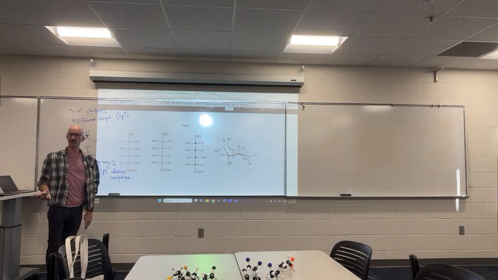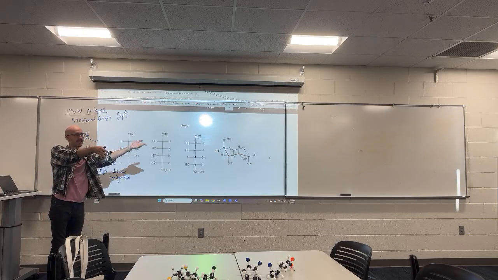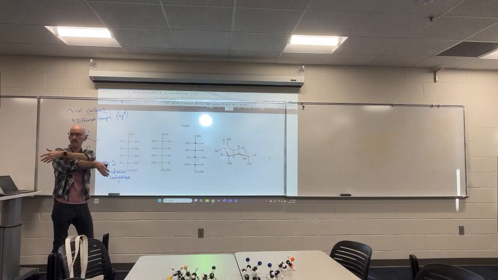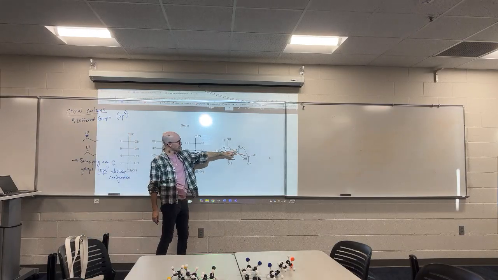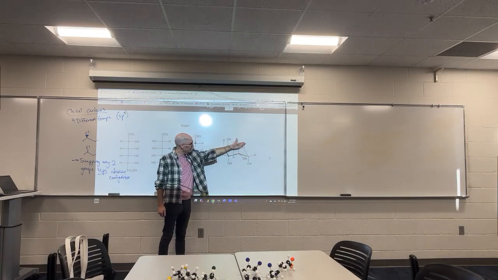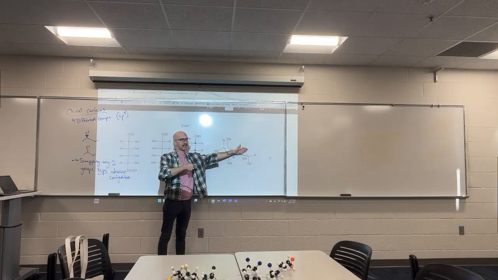Is there any symmetry in this ring? Is there any place where I can say, this side of the ring reflects into that side of the ring? This oxygen that's in the ring really throws things off. I'd have to put a plane of symmetry that goes through it because I can't reflect the oxygen into anything else.